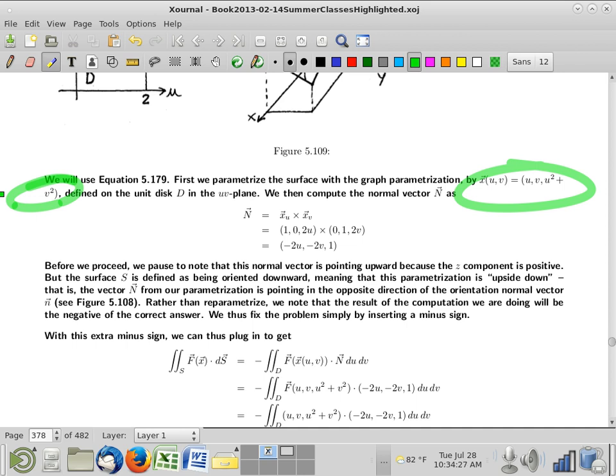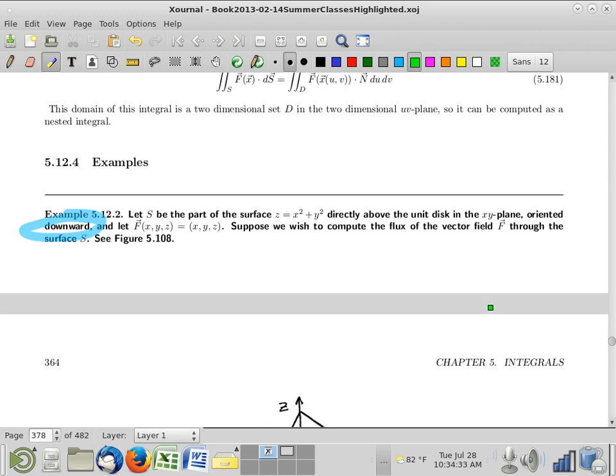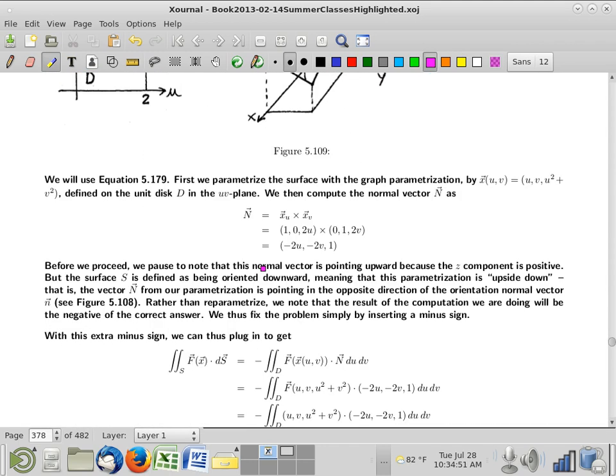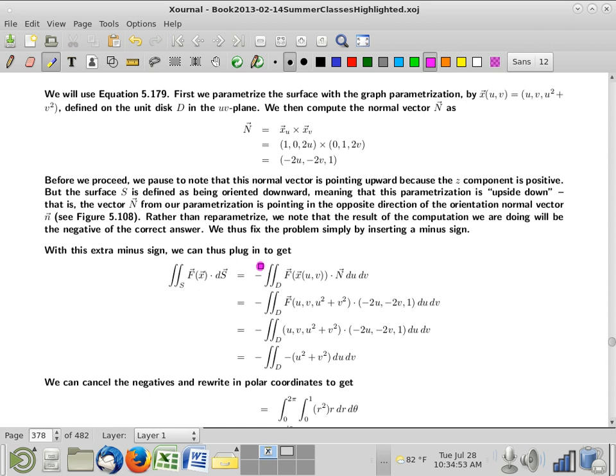I suppose you could do that, but it turns out there's a much easier solution, and that is simply to realize that all I really need is that. That's what I really want. I can just throw a minus sign on the capital N that I just computed. It doesn't really matter where it came from. It's perfectly fine. So just toss a minus sign in here.